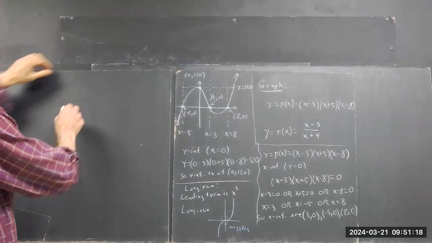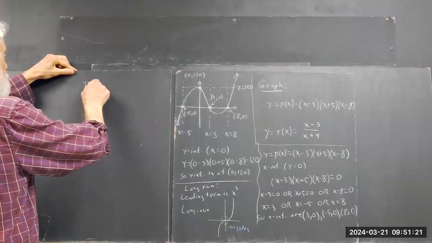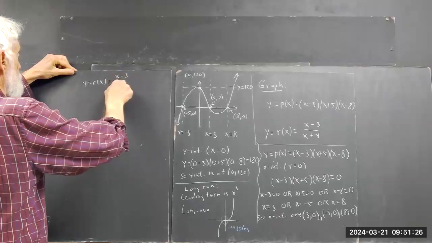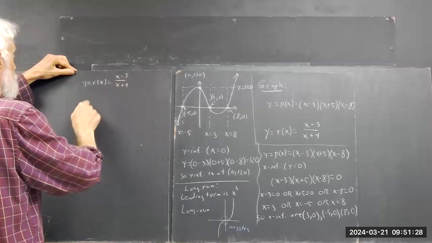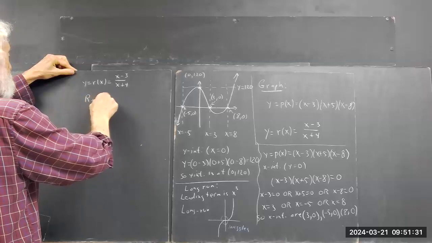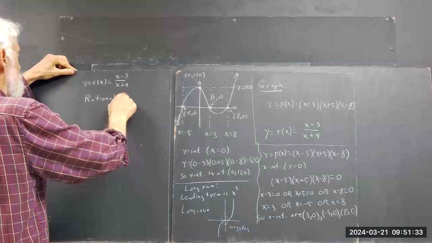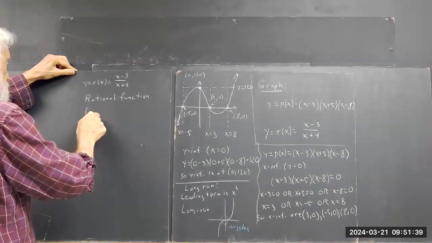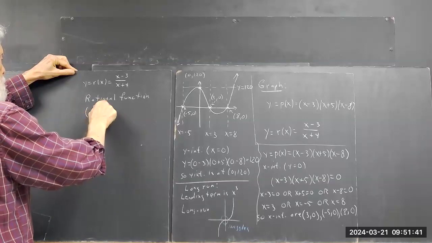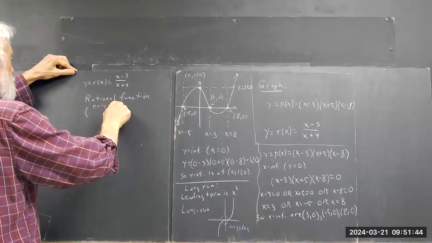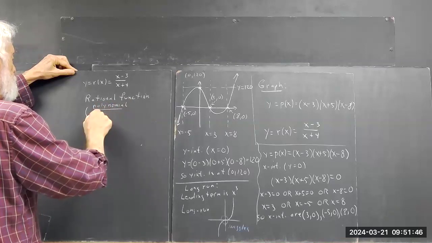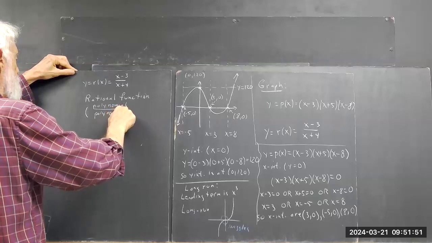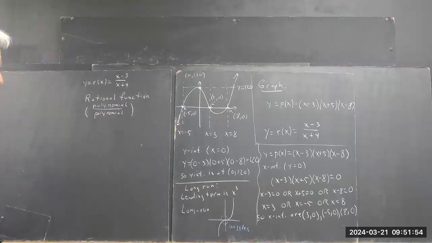Okay, so this is a rational function, which means it's a polynomial divided by a polynomial.